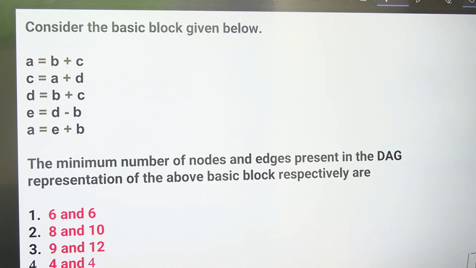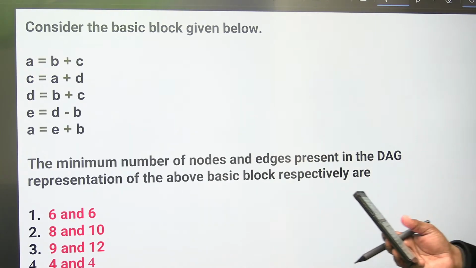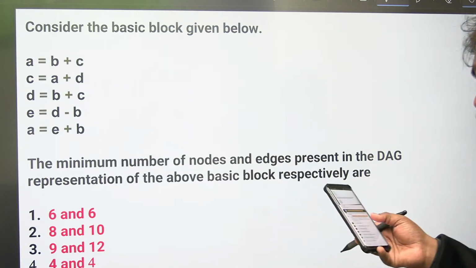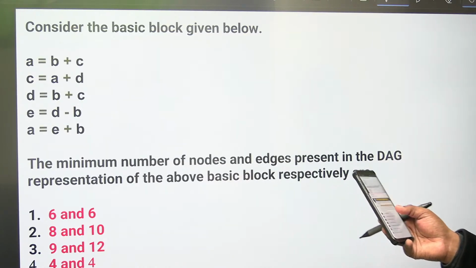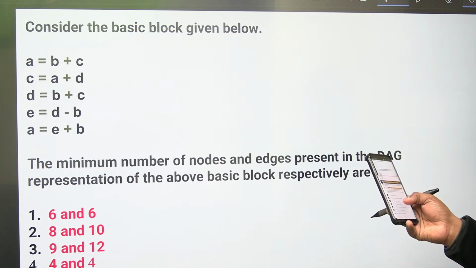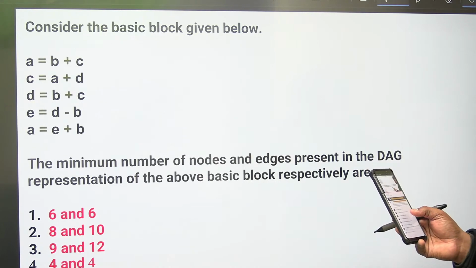Yeah, this also, can you see this? I think this problem also we did somewhere. Can you verify?